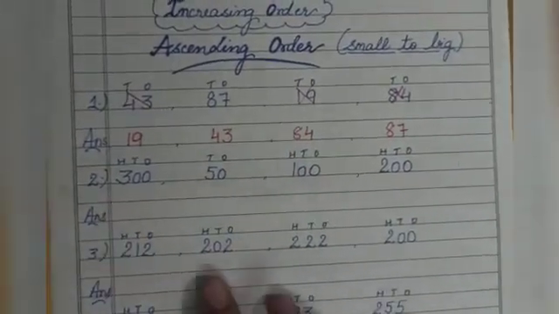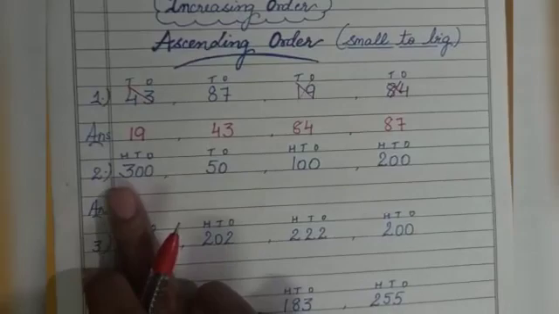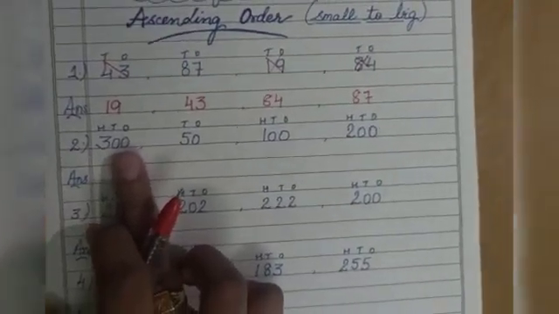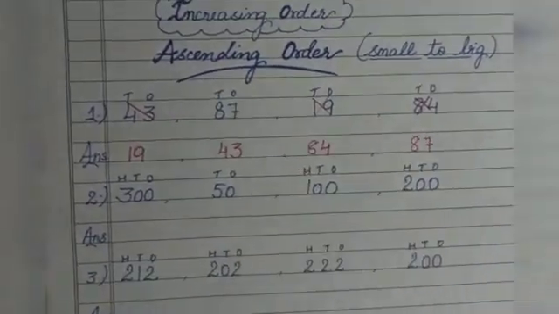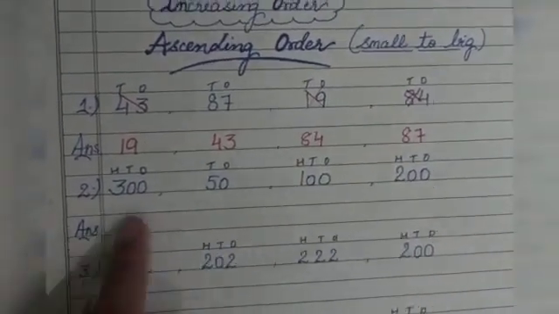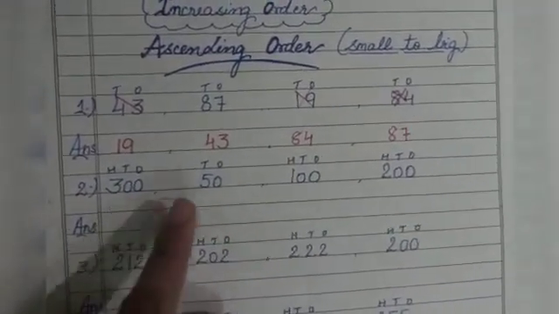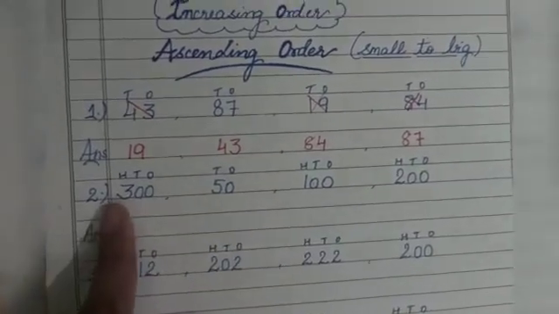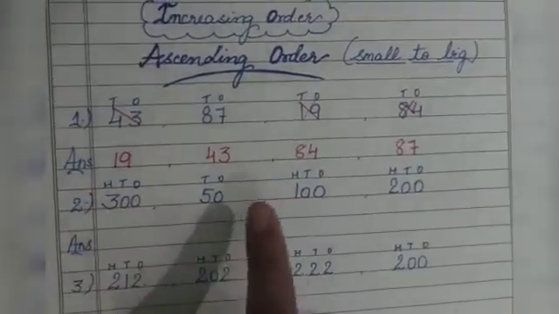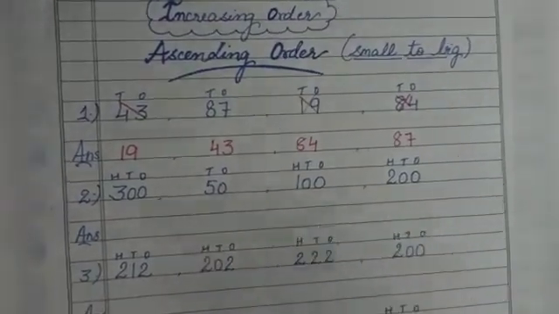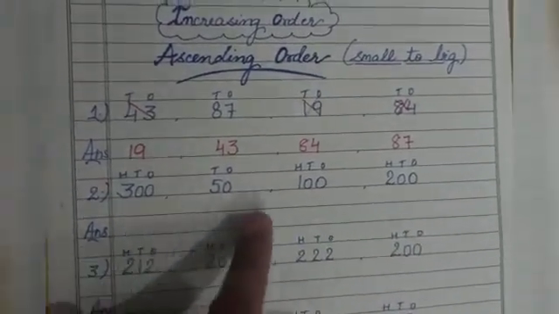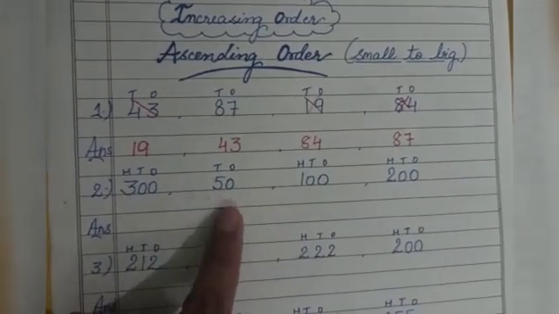Now there can be cases where you will have ones, tens, 100, 3-digit numbers and then 2-digit numbers in between, and you can even have 1 digit also. So in this I have taken 3-digit numbers and 2-digit numbers. Again I have written ones, tens, 100. So which one is the smaller one? This one is very clear because it's a 2-digit number.